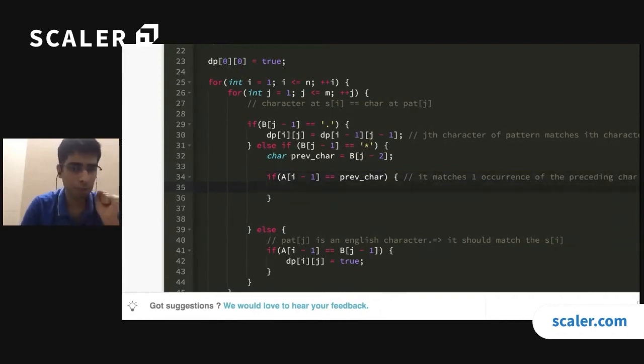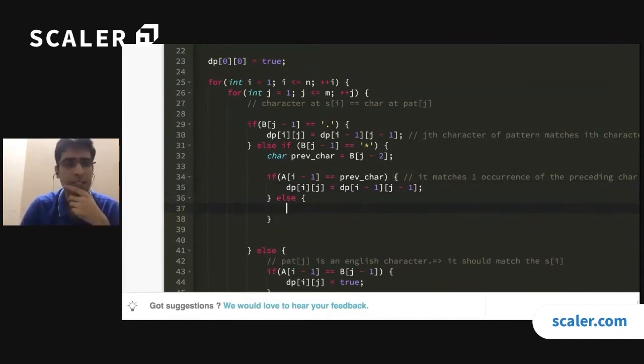Okay, so what the problem reduces to is that dp i j will be equal to nothing but dp i minus 1, j minus 1, because it has matched one occurrence of the previous character. Okay, awesome. Then what are the other cases? The other case is that it is not equal to the previous character.